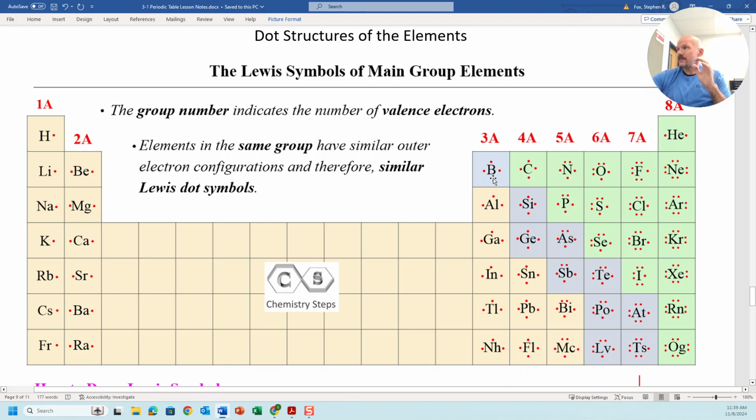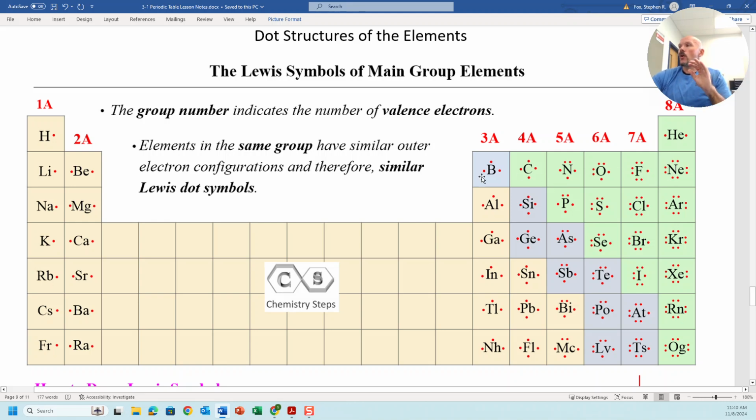The way you draw a dot structure is you draw the chemical symbol of the element and you put the dots around the sides of the chemical symbol. Think of the chemical symbol as having 4 sides, and you can fit 2 electrons per side, so a maximum of 8 electrons. But they don't want to be paired up until they have to.